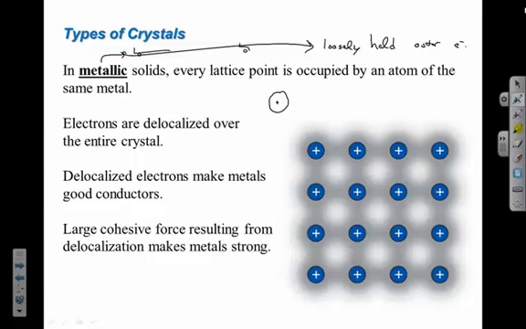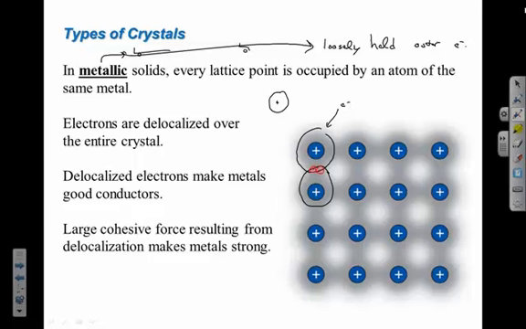So when metals get next to other metals, the gray area here is meant to show the electron cloud. The electron cloud of one metal will overlap a little bit with the next metal. So it's not like a covalent bond, because the electrons don't have to be in between those nuclei to make the noble gas configuration for the metals.